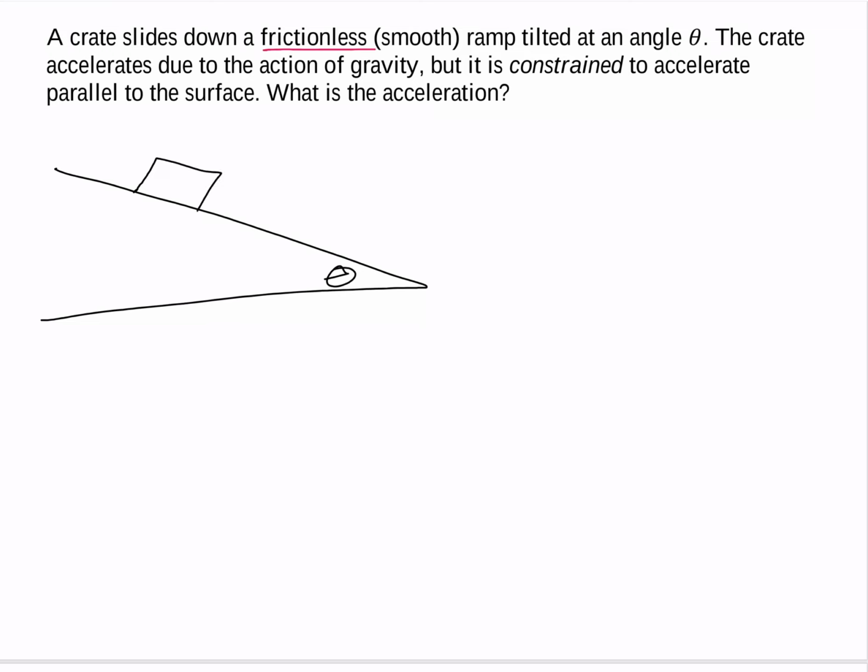Okay? So what we want to do is tilt the axes so that the motion is a little bit simplified. So the y-axis is going to come up here, and the x-axis is running along the ramp. Positive x down the ramp in the direction of motion to also further simplify the problem.